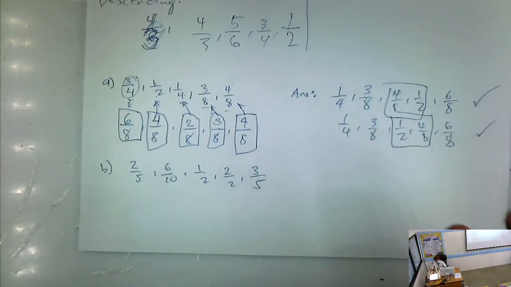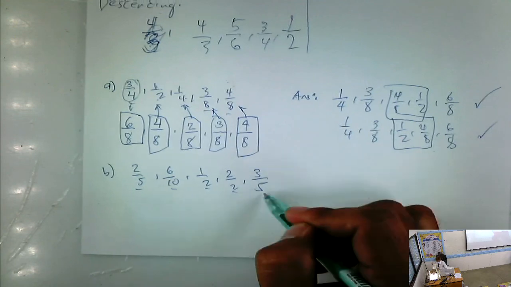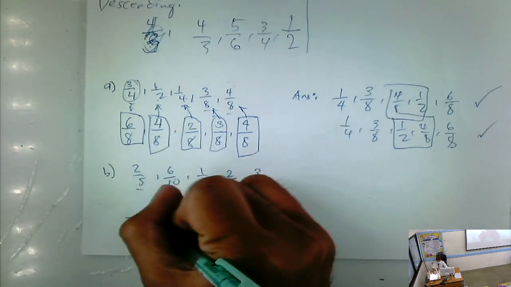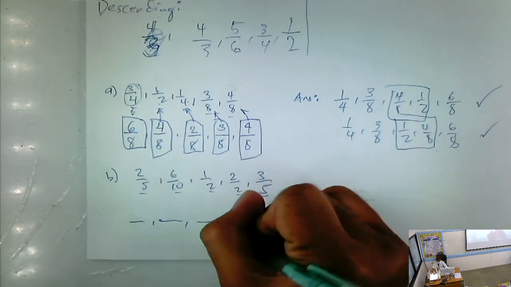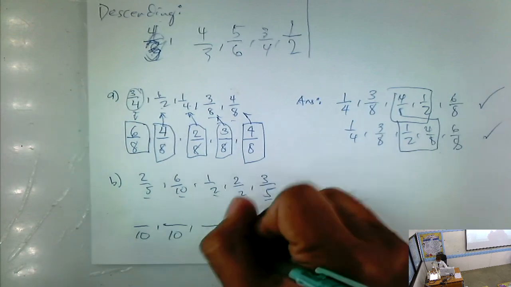Next, we have here 2 over 5, 6 over 10, 1 over 2, 2 over 2, and 3 over 5. So we have 5, 10, 2, 2, 5. What's the LCD? 10. So meaning that we are going to make the denominator of the given fractions equal to 10.